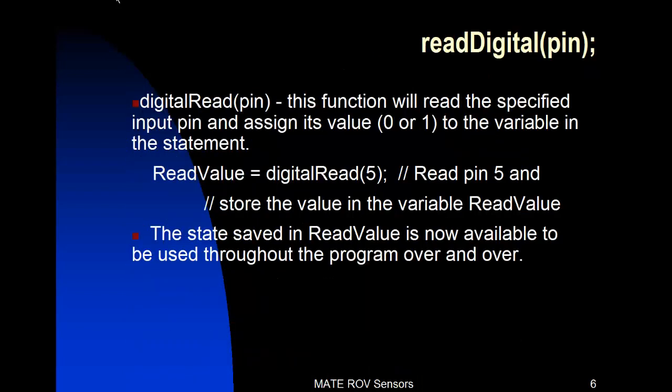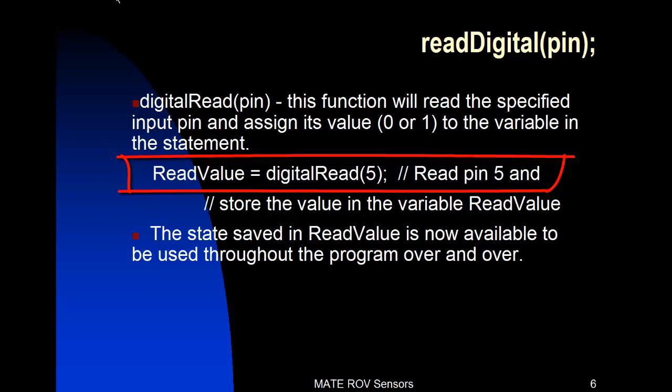In digital read, the format has digital read with the pin number in there, and I'll read a specified input pin and assign its value of 0 or 1 to the variable in the statement. In this case, read value, which we defined previously in the int statement, is equal to a digital read of pin 5.